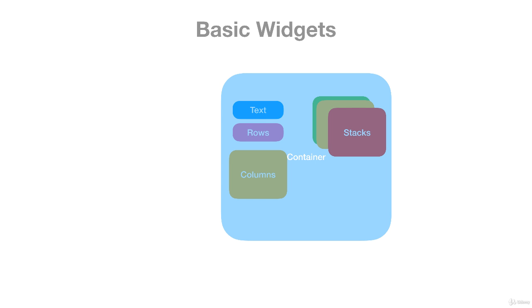At the top we'll have a root, which could in this case be a container, and then inside of this container we'll have a text or row, or we can just go ahead and create a stack and then put all of the rows and text and columns inside of that stack, or vice versa. But everything comes from the root. We have to have a main view, or as we call it, a main container or widget.